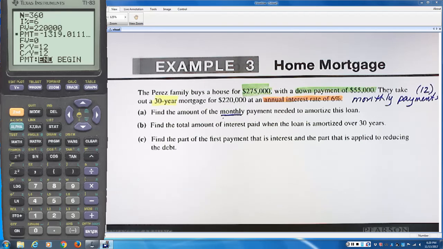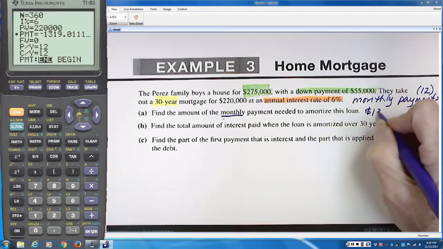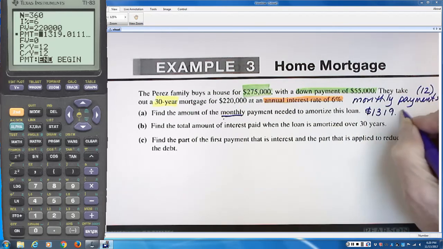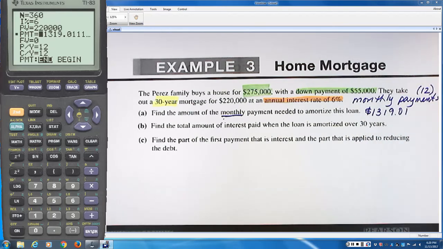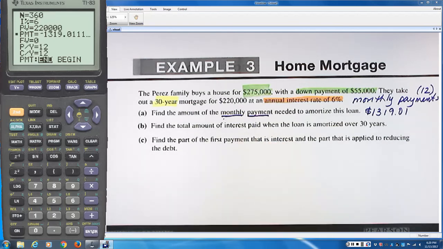And their house payments are $1,319.01. So there's their monthly payment. Now the question is, when this loan is amortized over 30 years, how much interest in the long run are they going to pay for this?